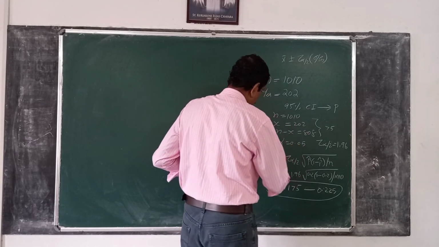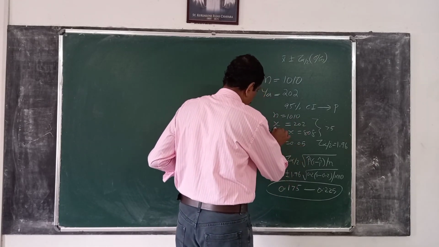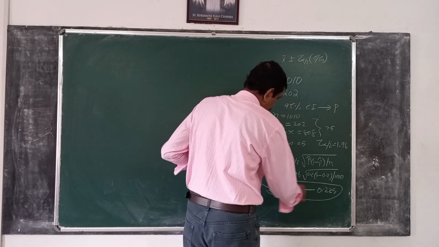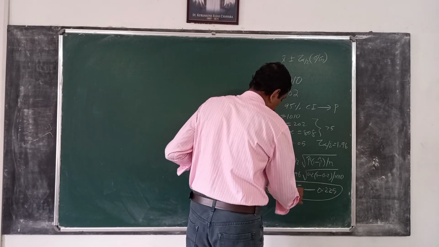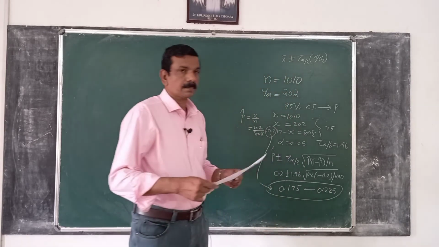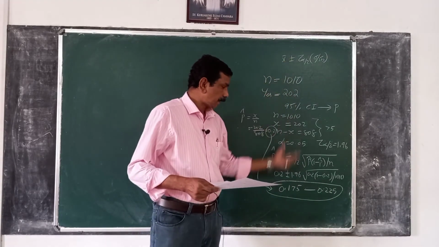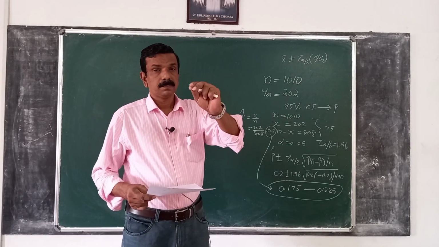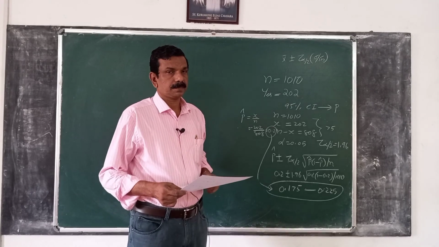In our example, it is 20%, but the range is 17.5% to 22.5%. This is how we construct a confidence interval for one population proportion.